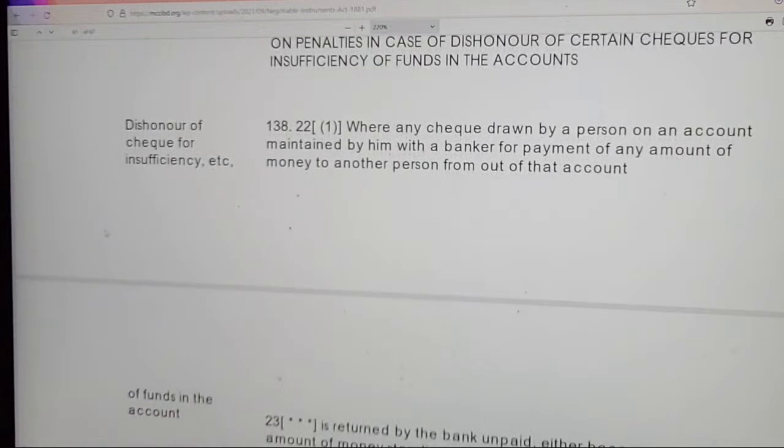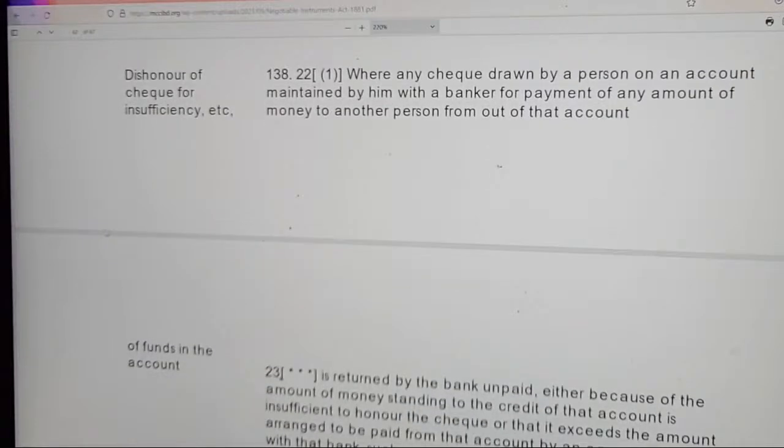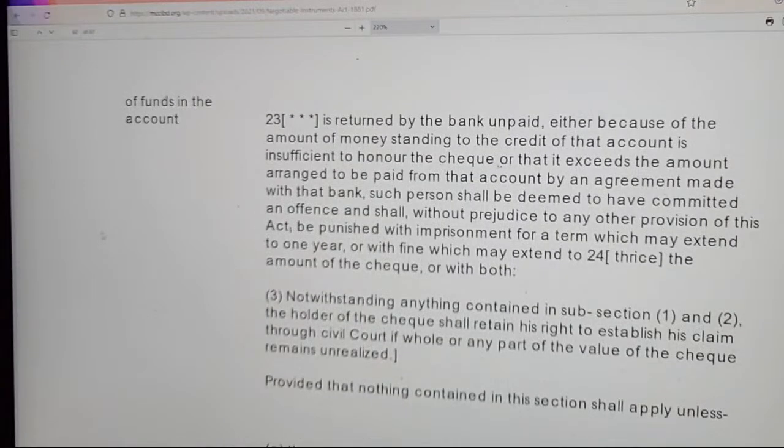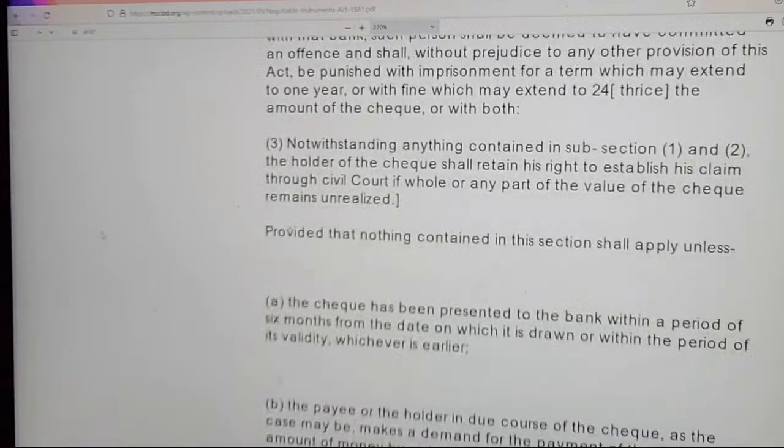Where any check drawn by a person on an account maintained by him with a banker for payment of any amount of money to another person from out of that account is returned by the bank unpaid, either because the amount of money standing to the credit of that account is insufficient to honor the check, or that it exceeds the amount arranged to be paid from the account by the agreement made with that bank, such person shall be deemed to have committed an offense and shall, without prejudice to any other provisions of this Act, be punished with imprisonment for a term which may extend to 1 year, or with fine which may extend to thrice the amount of the check, or with both.